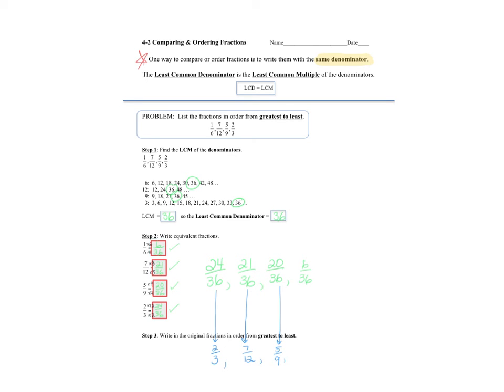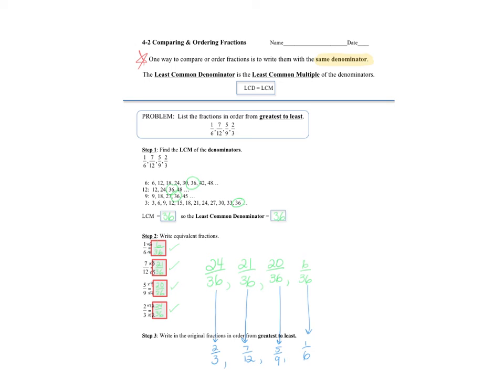And then last but not least, our 6/36 was the smallest one, our first guy, which is really 1/6 in its original form. So I have accomplished what I set out to do. I have taken my original fractions, 1/6, 7/12, 5/9, and 2/3, and I have rearranged them so that they are in order from greatest to least.